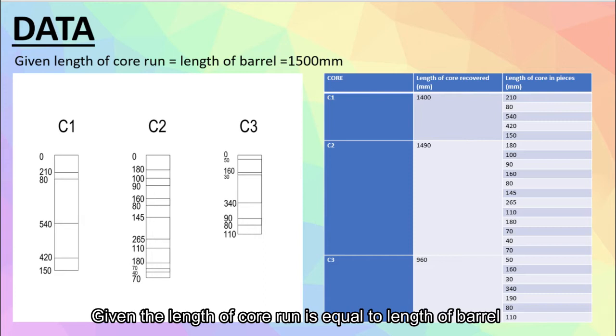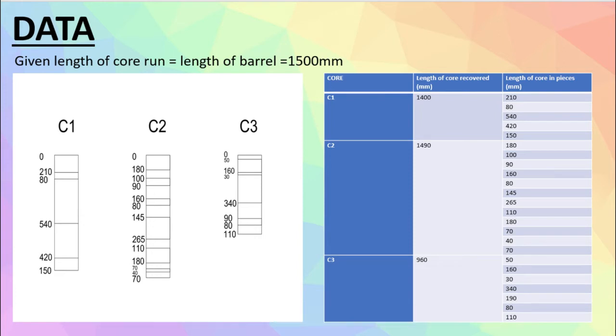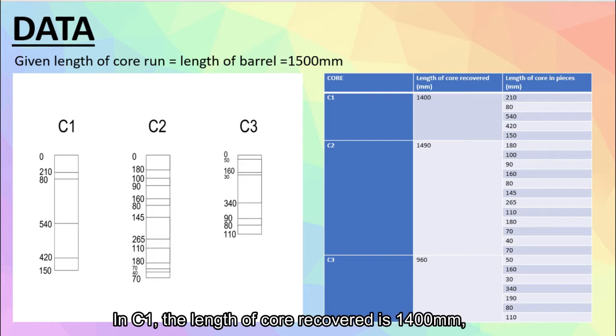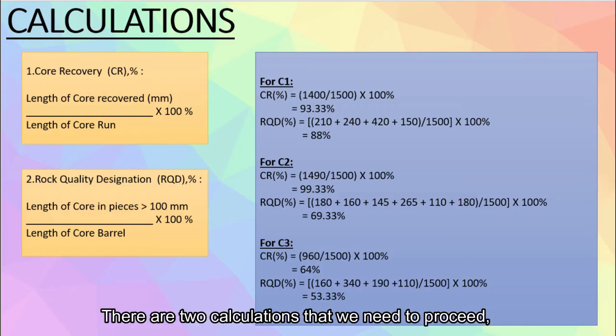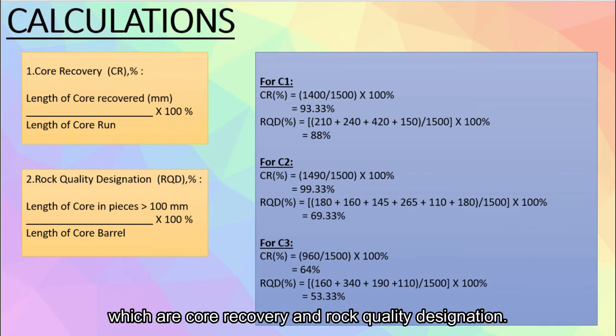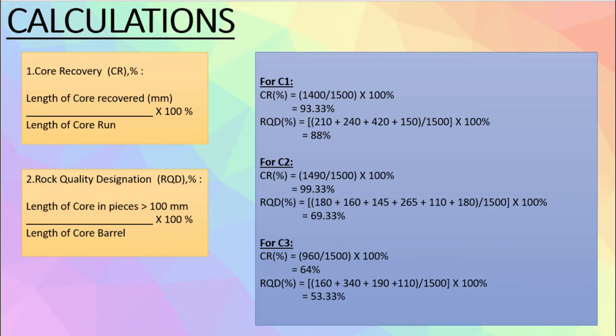Given that the length of core run is equal to the length of the barrel, which is 1500 mm. In C1, the length of core recovered is 1400 mm. In C2, it is 1490 mm, while in C3 it is 960 mm. There are two calculations that we need to proceed with, which are core recovery and rock quality designation.